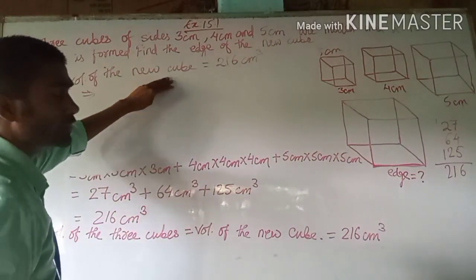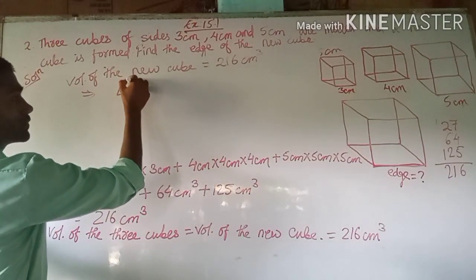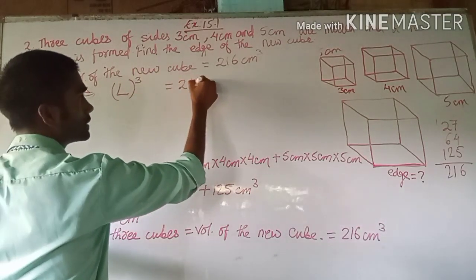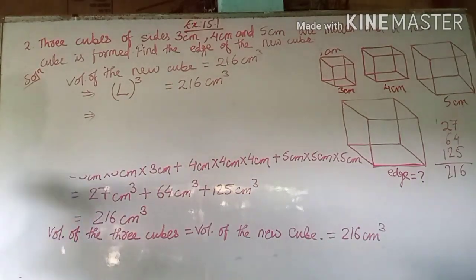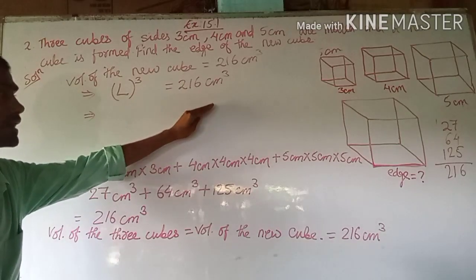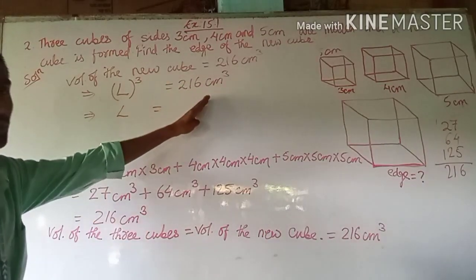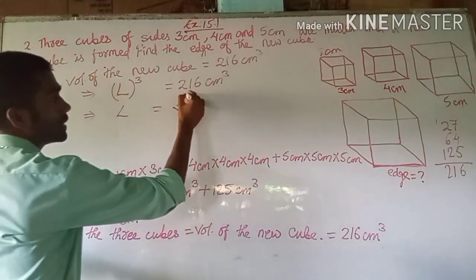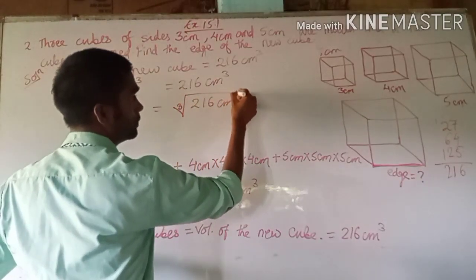For the new cube we took capital letter L, so L cube is equal to 216 centimeter cube. Now here it is cubic unit. If we transfer this cube to the other side, then the cube will change into a cube root, that is, the cube root of 216 centimeter cube.